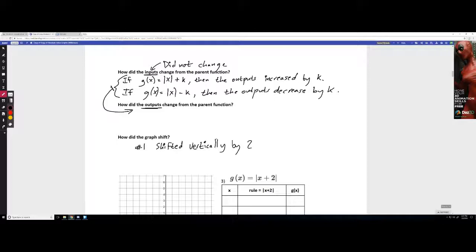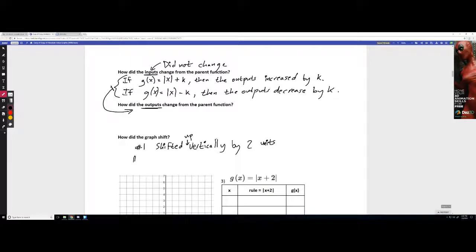More specifically, number 1 shifted up vertically by 2 units.